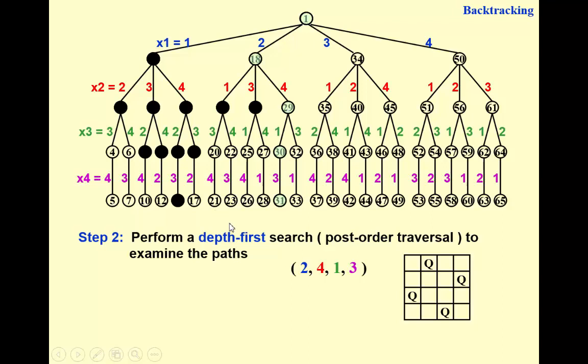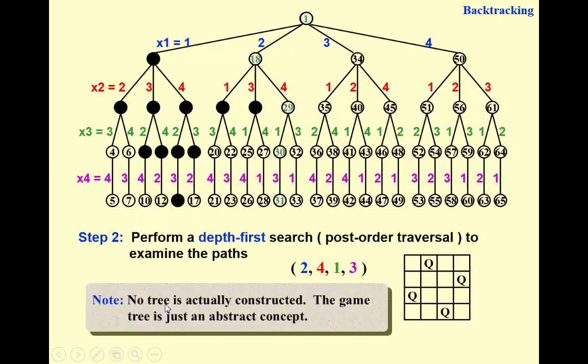All right. Notice that when you really write a program, no tree is actually constructed. The game tree is just an abstract concept. So never ever construct a tree in your program. Why not? Think about the time taken to construct this tree.